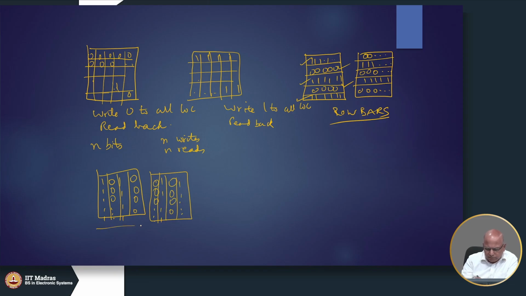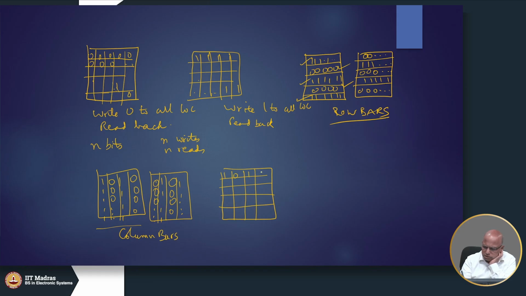So we write this pattern and read back, and if you don't find the pattern that you wrote, then declare that something is wrong. These are called column bars. We can write a checkerboard pattern.